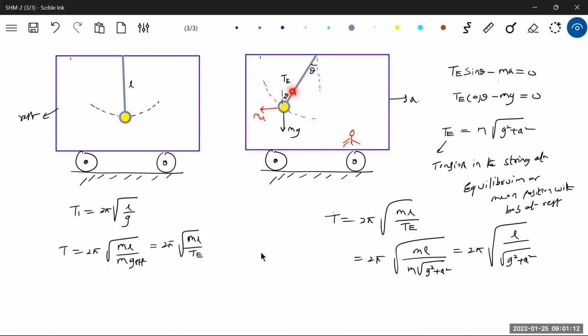When oscillating, again Te minus mg would have m omega square r. Okay, agreed. Now we'll take some other different cases.